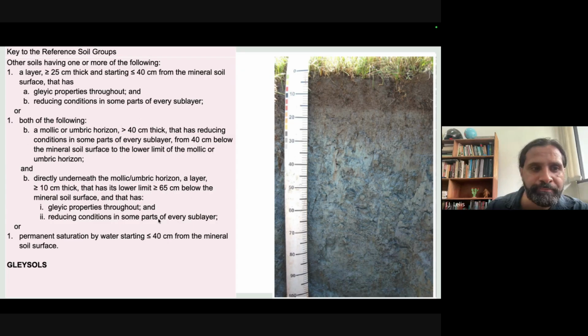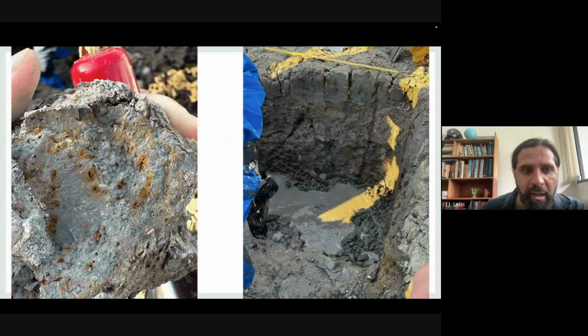All of these three options, number one or number two or number three, fulfill the criteria to find a Gleysol, a soil with gleyic properties and dominant reducing conditions, okay? And again, just to check, we can see the water here.